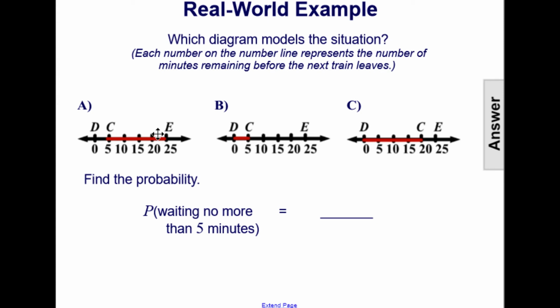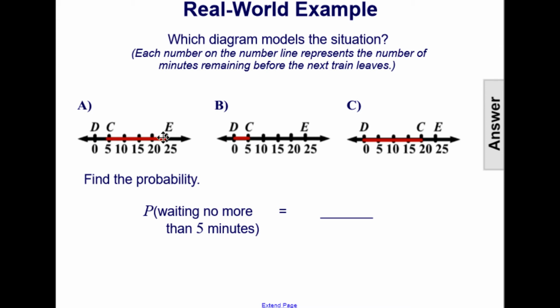So when we're looking, DE is representing the total amount of time that the train is running, every amount of time the train is running, that 25 minutes. So really, CE here is looking from 5 to 25. Well, that's not the waiting time. The waiting time, we don't want to wait more than 5 minutes.